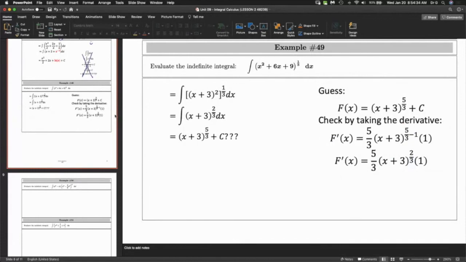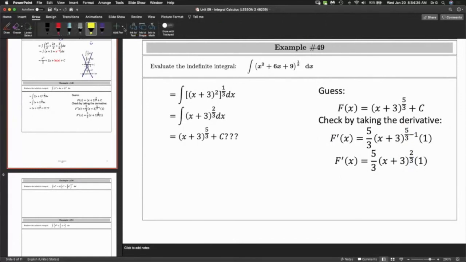So what we're hoping is the following. We're hoping that our guess here will produce the derivative. I should get rid of the 1 here, sorry, because the 1 just disappeared anyway. We're hoping that the derivative of our antiderivative is this.